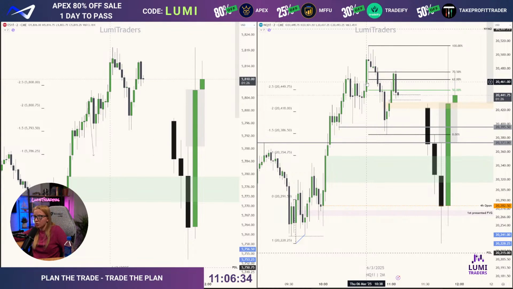Because it just tested 2-minute inversion right here, which is still valid for 2-minute model, I believe. I like how four open right below this 5-minute fair value gap.